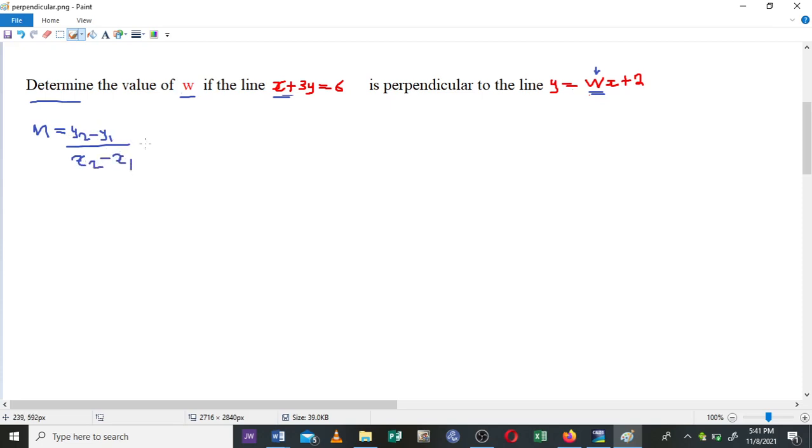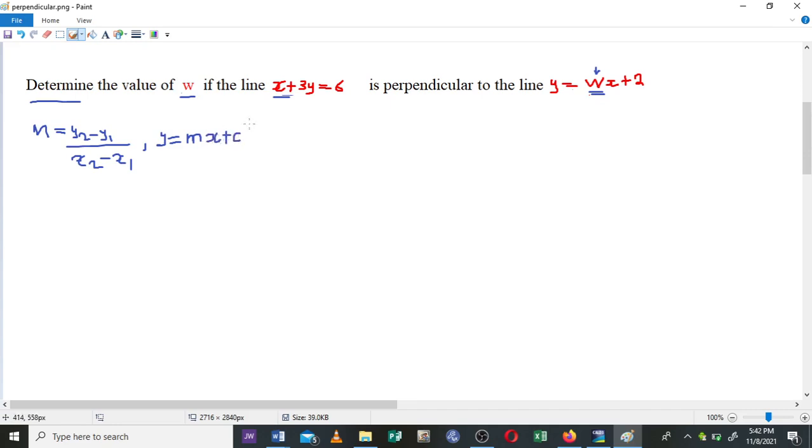Then the second one is the general linear equation, so to say. This is the equation we use if you want to write the equation of any straight line, which is given by y = mx + c.